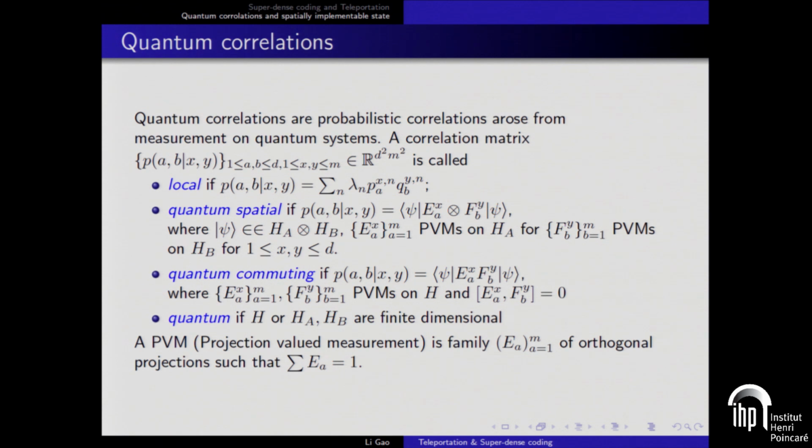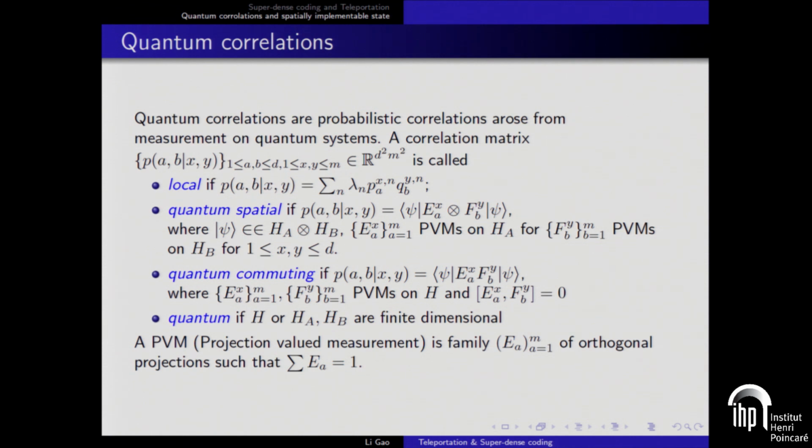Then a correlation matrix is said to be quantum spatial if it can be given by tensor product measurements on a vector in the bipartite state space.